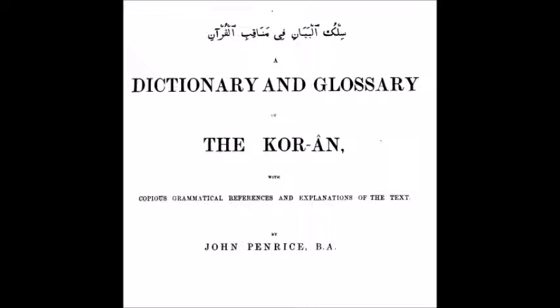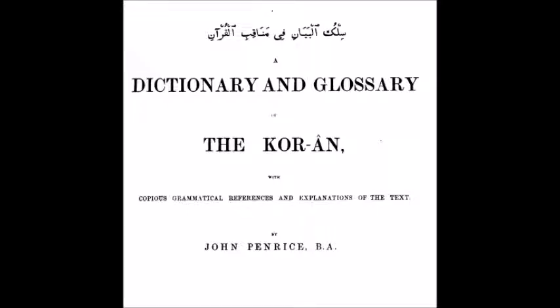And this book is an excellent book because it gives you every single Quranic word in the whole of the Qur'an, and it has very few mistakes. In fact, some of the mistakes in some editions are actually given at the back.